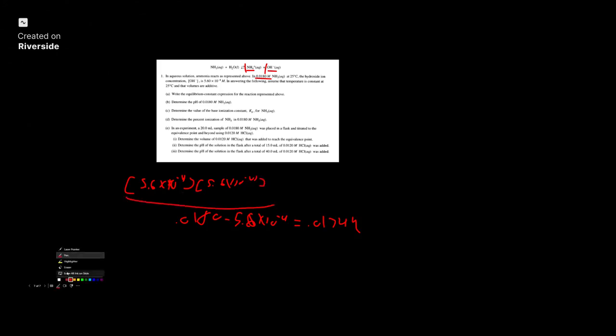Then you divide that by your new molarity that you just solved for at equilibrium, 0.01744. You can square it. You type this into your calculator, so you get the same answer. 1.79 times 10 to the negative 5th is going to be your answer.